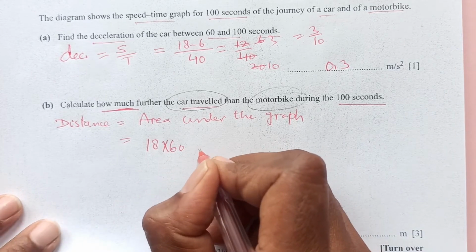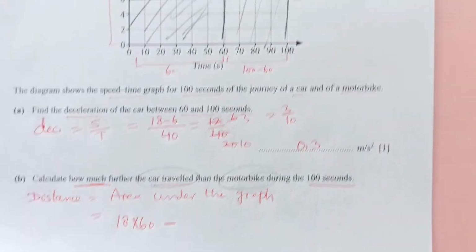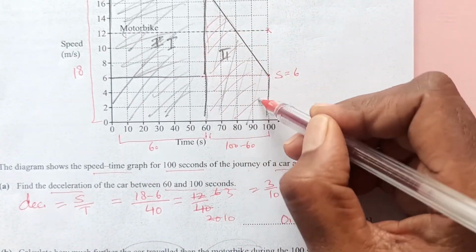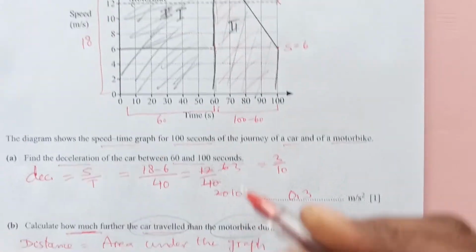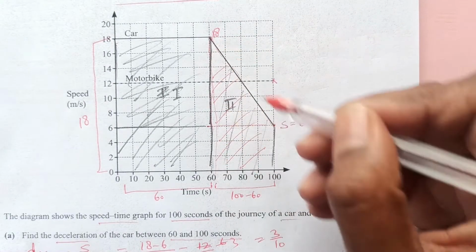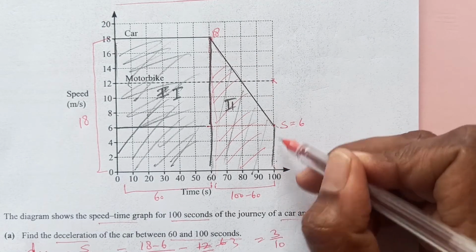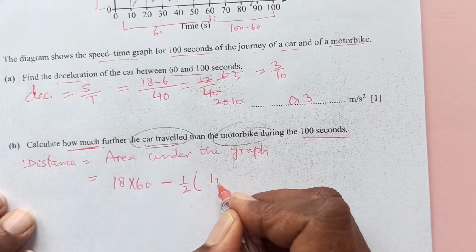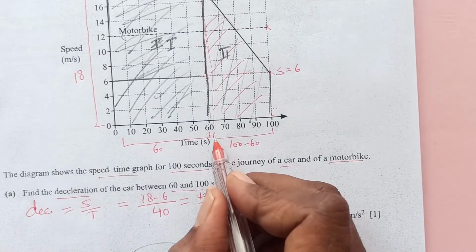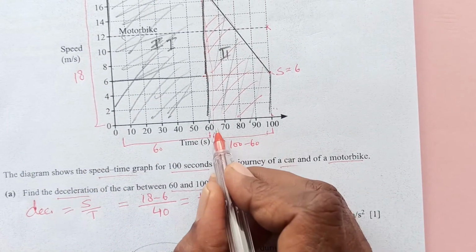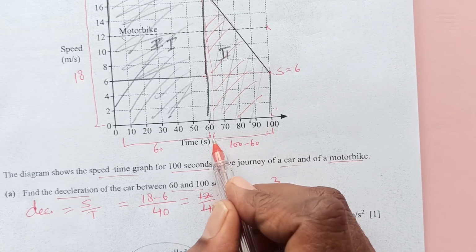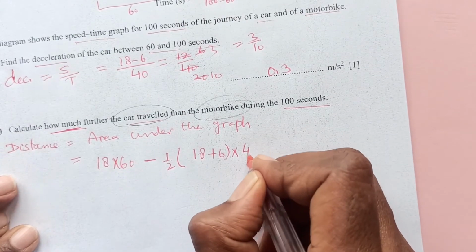Then minus, we are taking the difference, the area of this trapezium, which is half times (18 plus 6) times height, and the height is from 60 to 100, so that is 40.